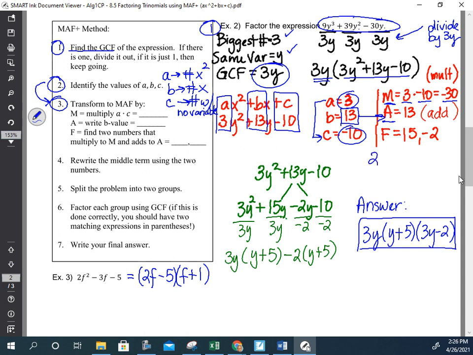So you need two numbers that multiply to negative 30 and add to 13. 13 and negative 2. Any questions, steps 1, 2, or 3?